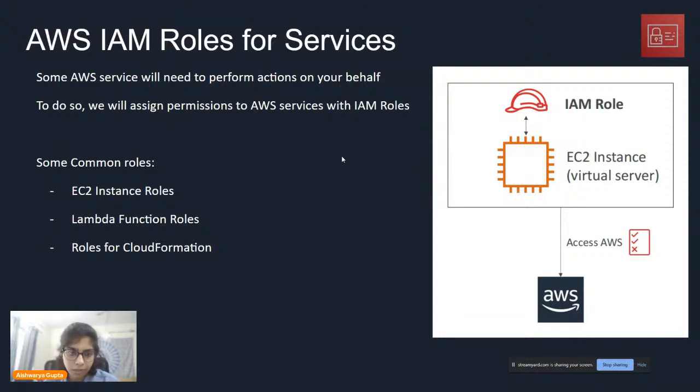Say you have your application running on EC2 and you require access to an S3 bucket, or you require access to, say, the database. Then you attach a role to EC2 where you define that this EC2 instance can access the RDS database and an S3 bucket. That is what a role is. It's pretty simple.